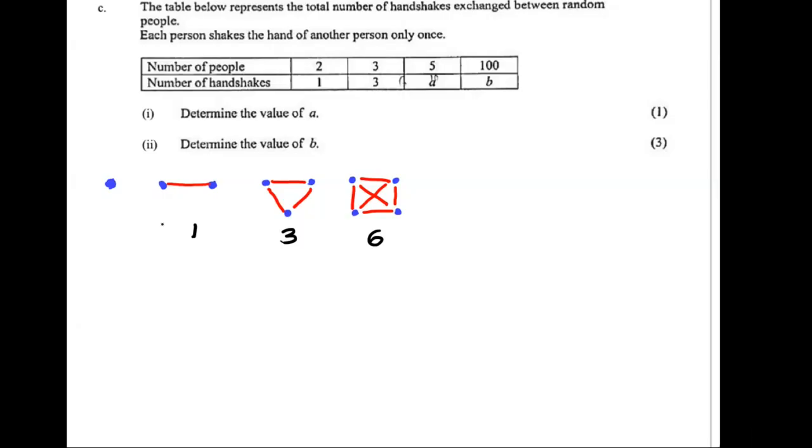0. Good. Now, at this point, you should hopefully start seeing a pattern. What type of pattern is this? Is it linear? Not linear, because the differences are 1, 2, 3.